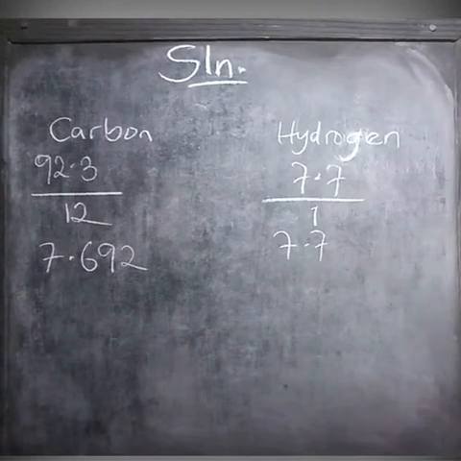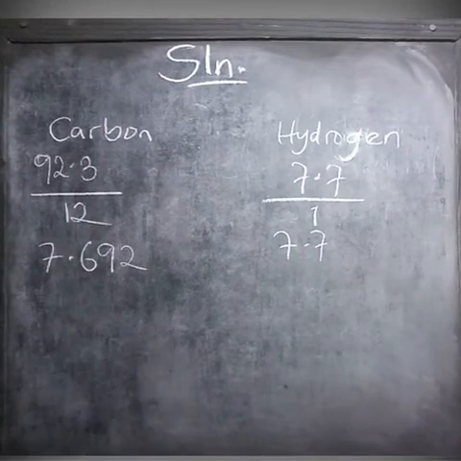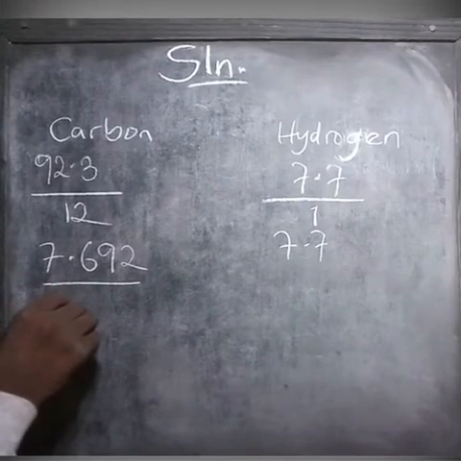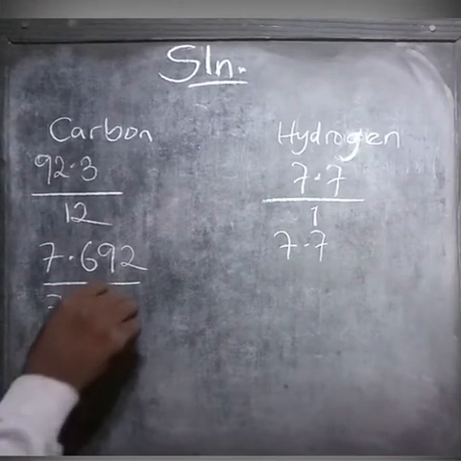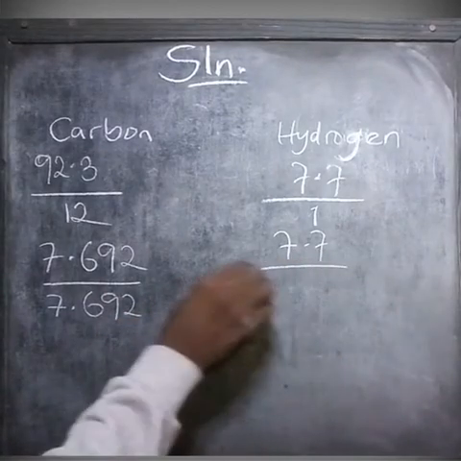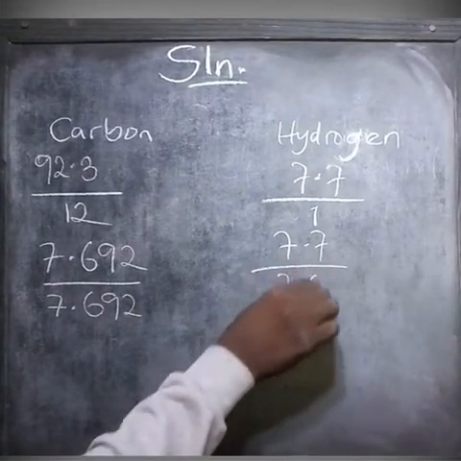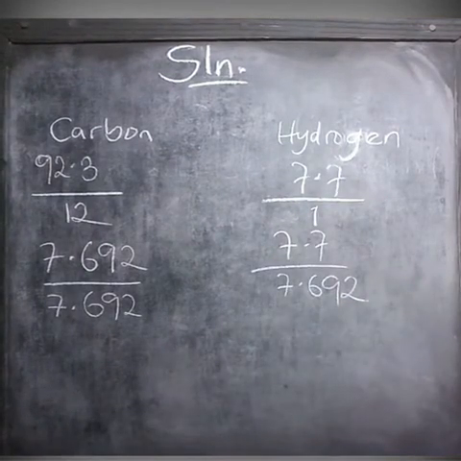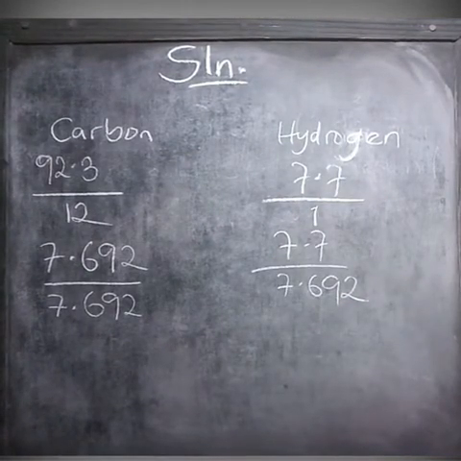So you are to divide by the smallest. Without approximating, 7.692 is the smallest, definitely.